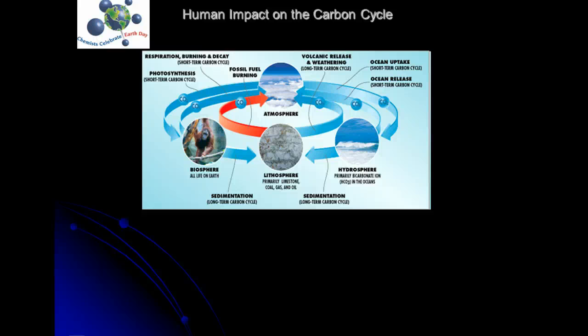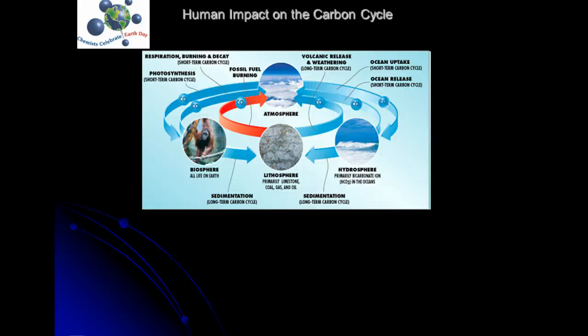Now the red arrow you see in this picture represents rapid fossil fuel burning, and that indicates the main ways humans affect the carbon cycle. Carbon dioxide levels are increasing because the natural system can't keep pace with this new emission source. Get that in your notes.